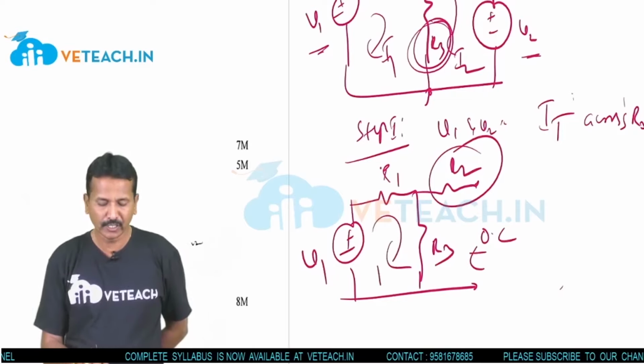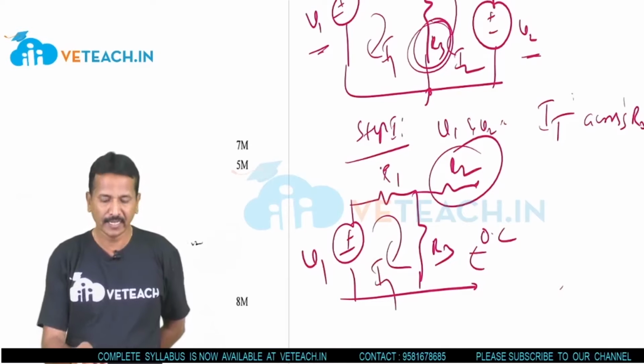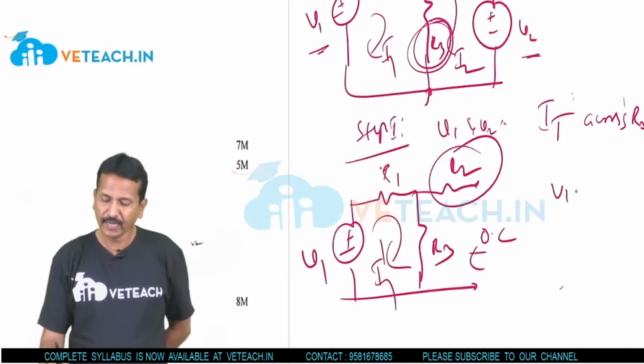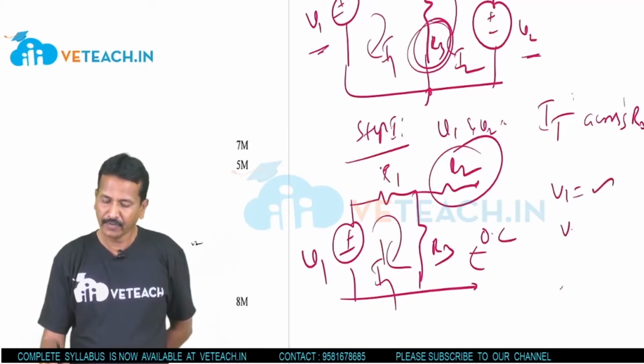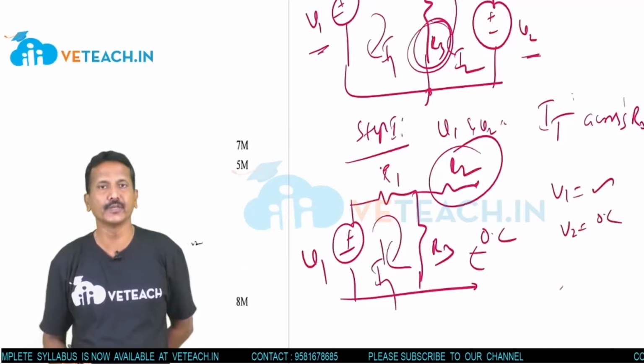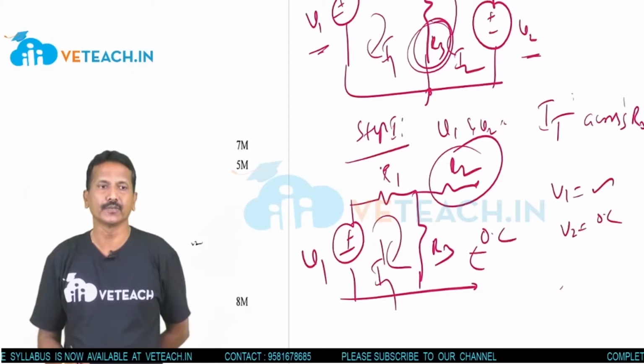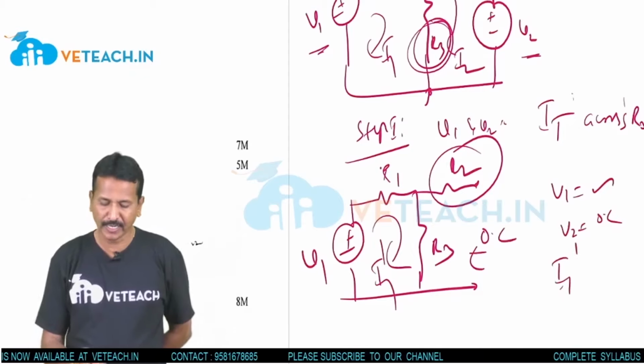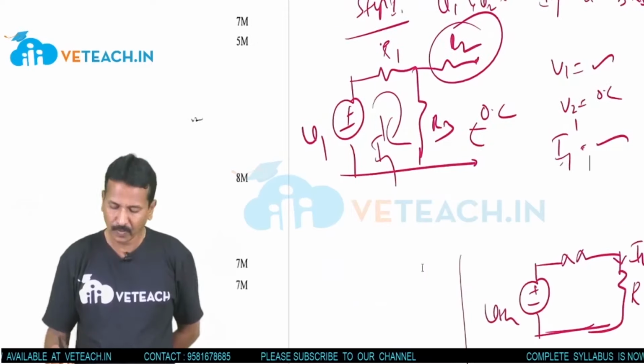So current is flowing across this one, I1. We get a new current when V1 is there and V2 is open circuit. Here you will find a new current, that is I1 dash.